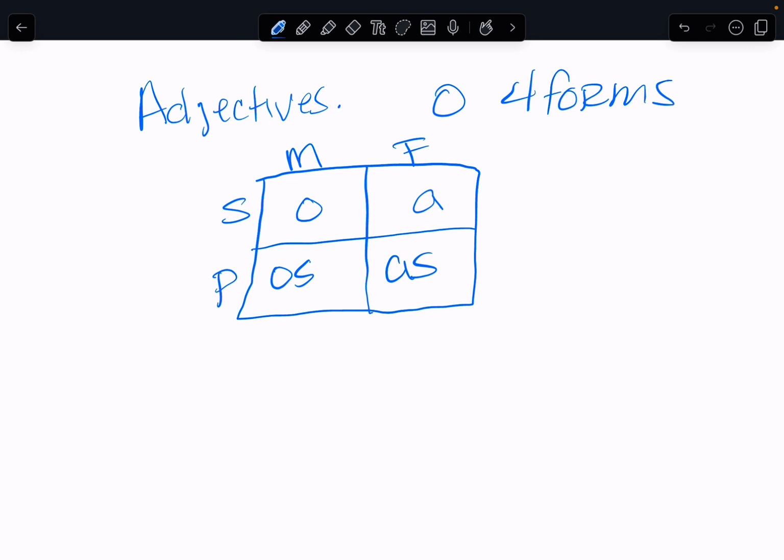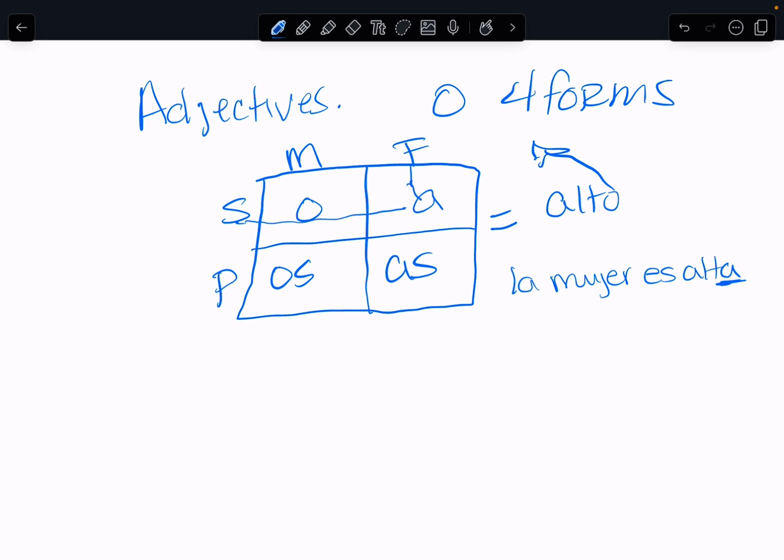So for example, if I have the adjective alto, it ends in an O, so it has 4 forms. If I'm trying to say the woman is tall, I would say alta because singular feminine is alta.